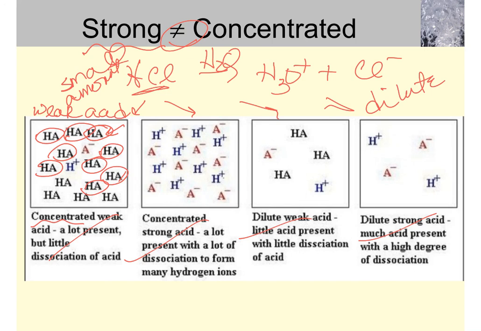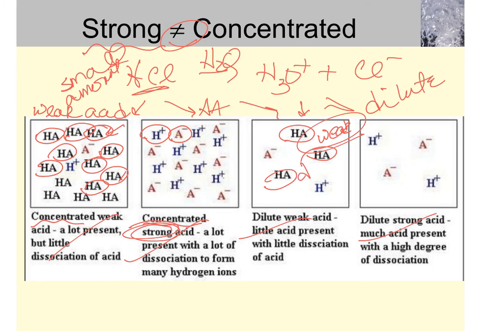Look at the second picture. Every single original acid, HA, has dissociated into the individual ions. So I know right away this is a strong acid. And it's also crowded. There are also a lot of them. So it's also a concentrated solution. The third one, it's definitely a weak acid because most of them are intact molecules that haven't ionized.